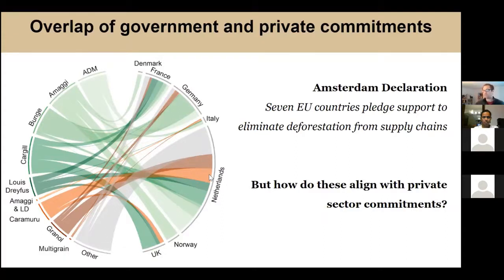Is it from the companies to the country, or the country to the companies? Germany, for instance, has the vast majority of its imported soy coming from companies that have made similar commitments to the one it's made at the national level.